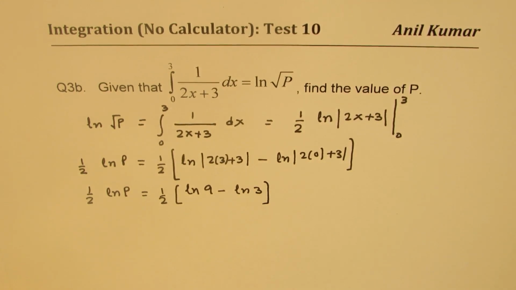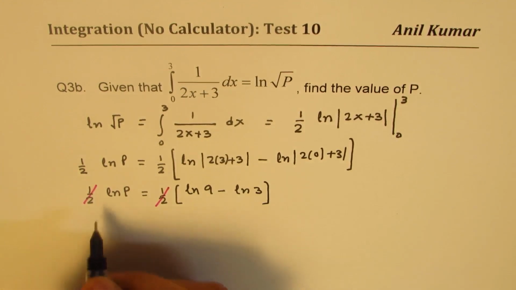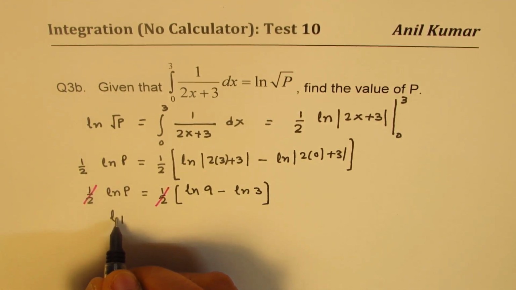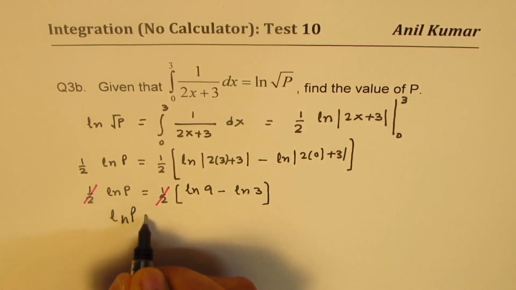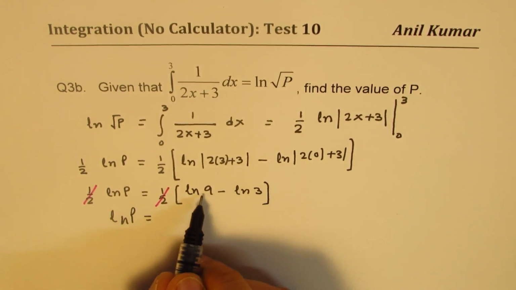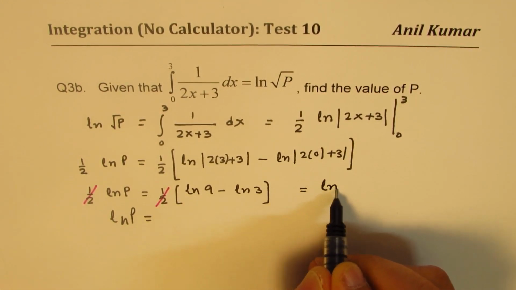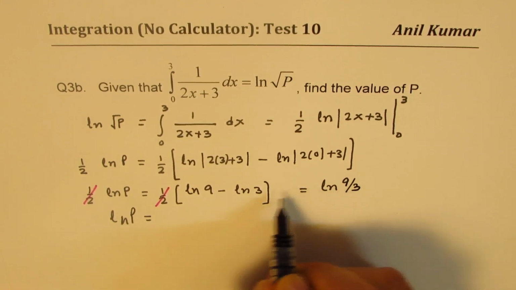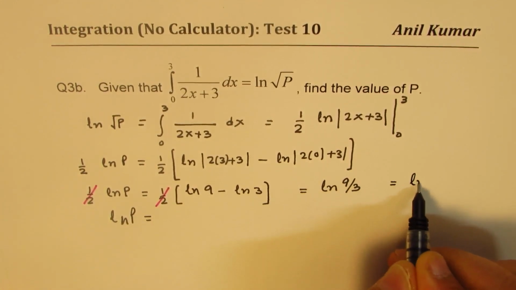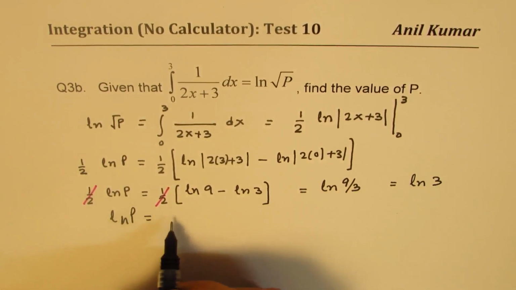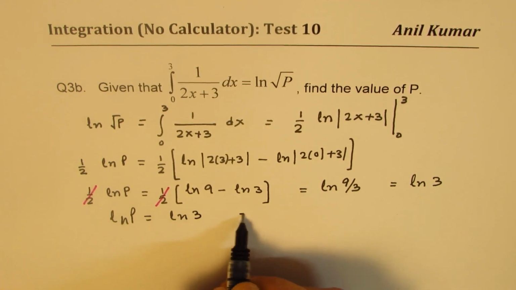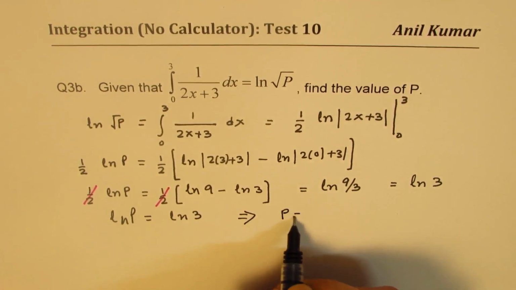Right? We can cancel this half and half. So what do you get? We get ln p equals to, well, when it is written like this, you can always say it is ln of 9 over 3 using the properties, which is ln 3. So ln p is equal to ln 3, and that gives you the result that p is equal to 3.